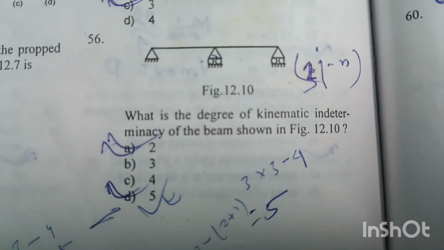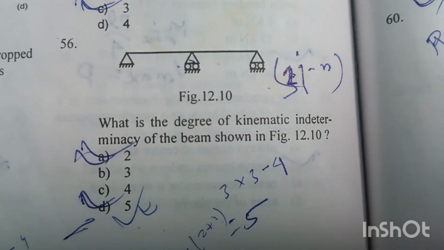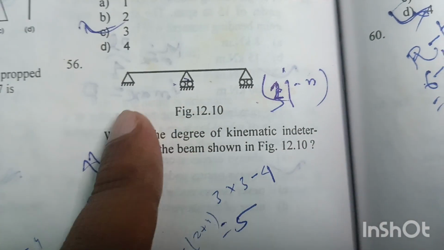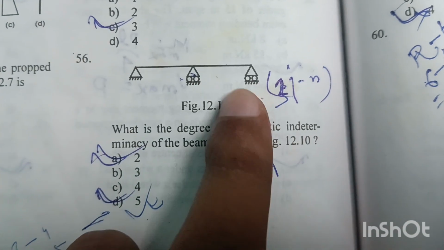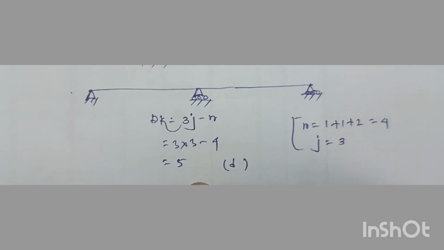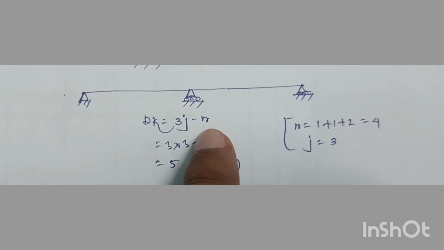Question number 56. What is the degree of kinematic indeterminacy of the beam shown in figure 12.10? For this beam, we have to determine the degree of kinematic indeterminacy. We know the degree of kinematic indeterminacy for this beam will be 3j minus r.